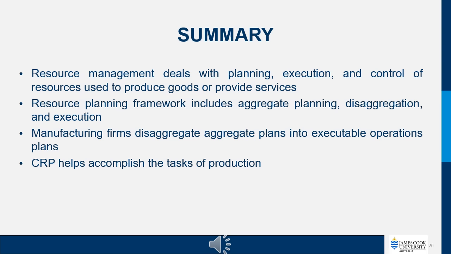In the context of a manufacturing firm, disaggregation allows for the translation of aggregate planning into executable operation plans, ensuring the efficient allocation of resources at a detailed level. CRP further enhances production efficiency by determining the labor and machine resources required to accomplish production tasks. By integrating these practices, organizations can effectively plan, execute, and control resources to achieve operational excellence and maximize productivity.